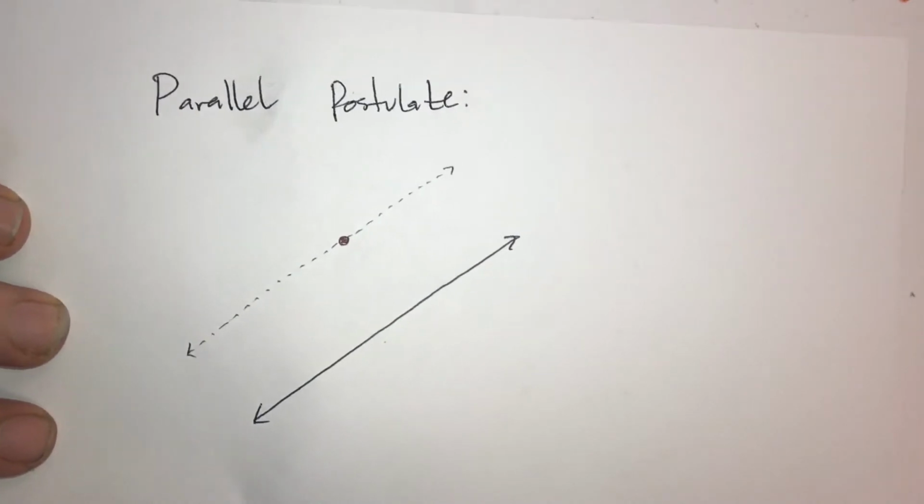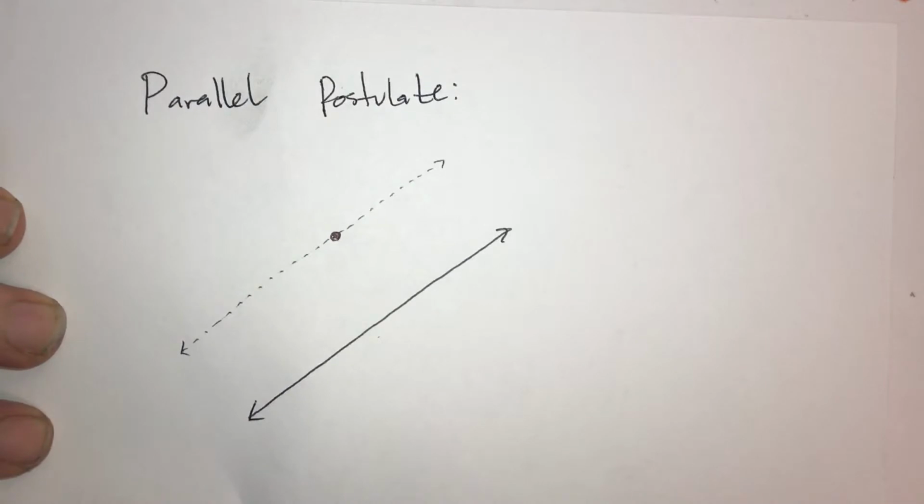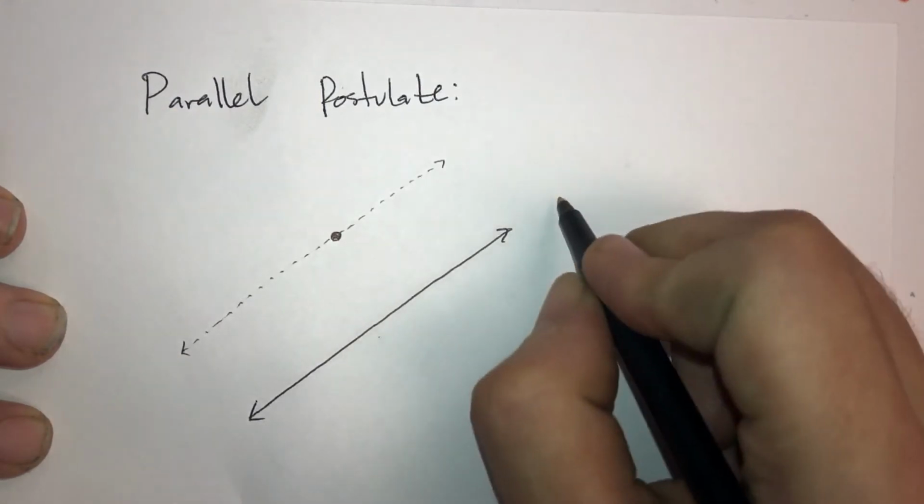Now we can show that using analytic geometry, just the properties of coordinate spaces imply that parallel lines exist. And we're going to show that right now. So let's copy this down first.